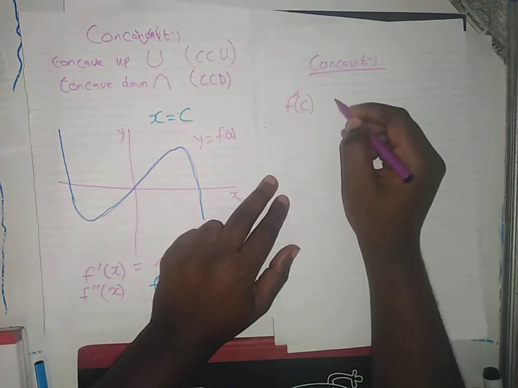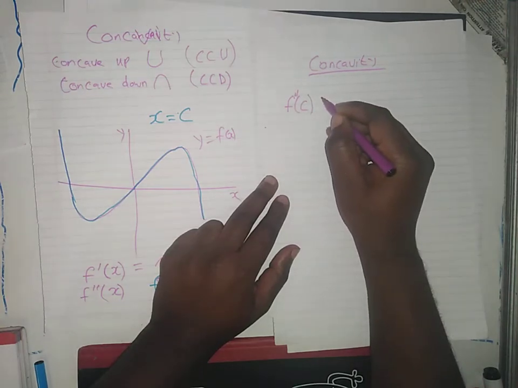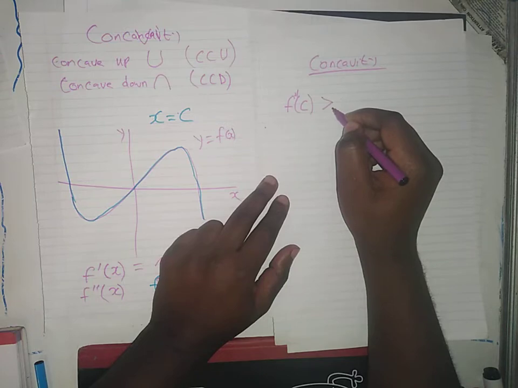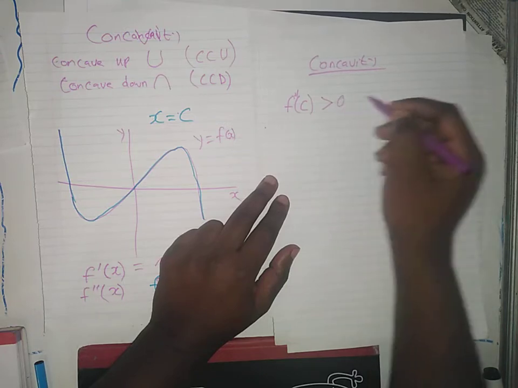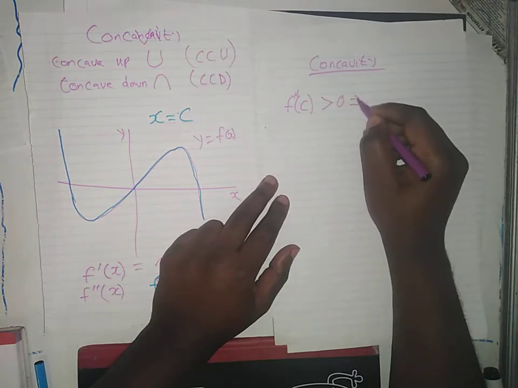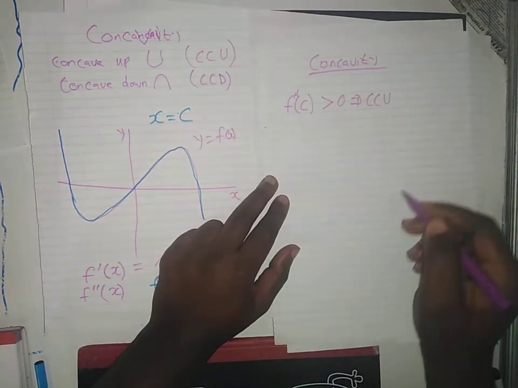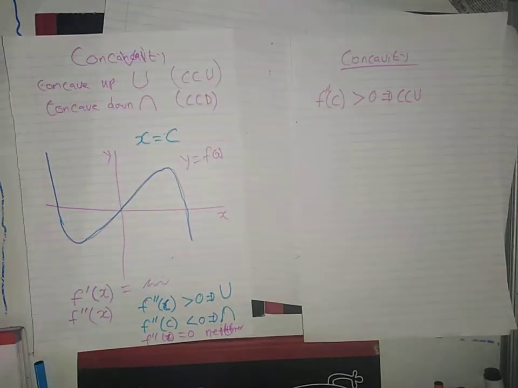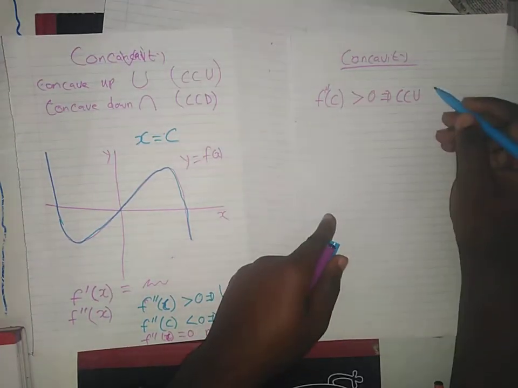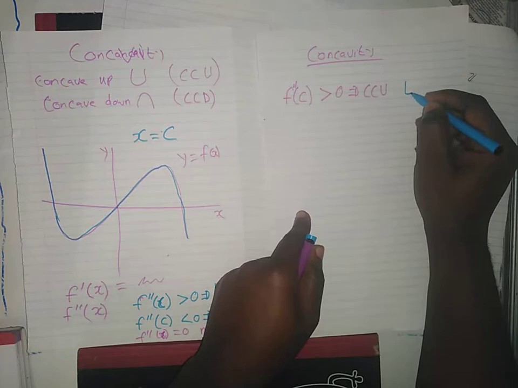So if f prime prime at c is greater than 0, that tells you that you've got concave up. A concave up is something that is standing like this.